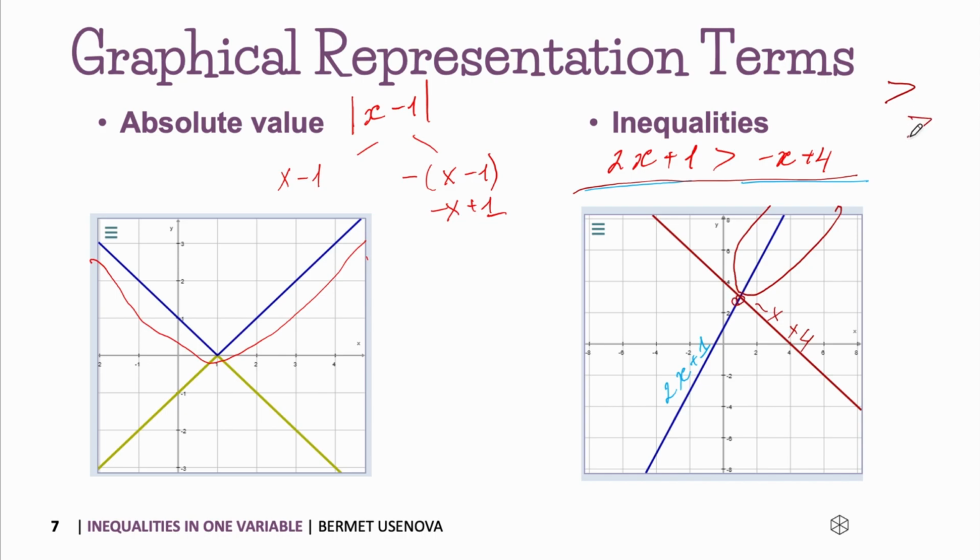But if we have this sign here, greater or equal to, then the intersection point will be included in the solution set. But here, since we don't have it, it's not included. The first x after this intersection point will lie in our solution set. So this is our solution set. I hope everything is clear here and we can move further.